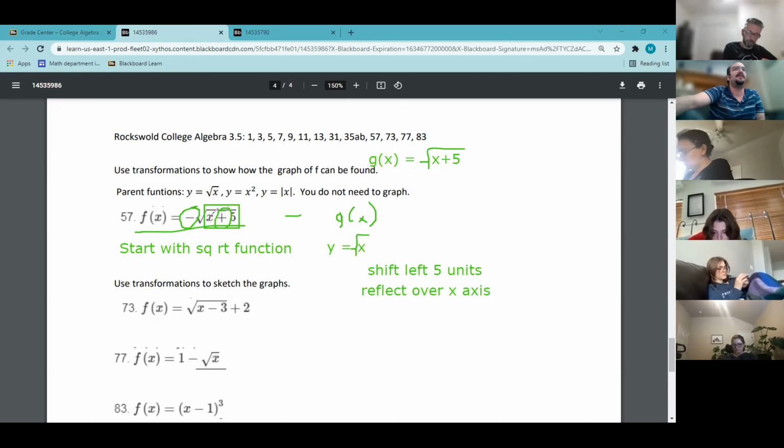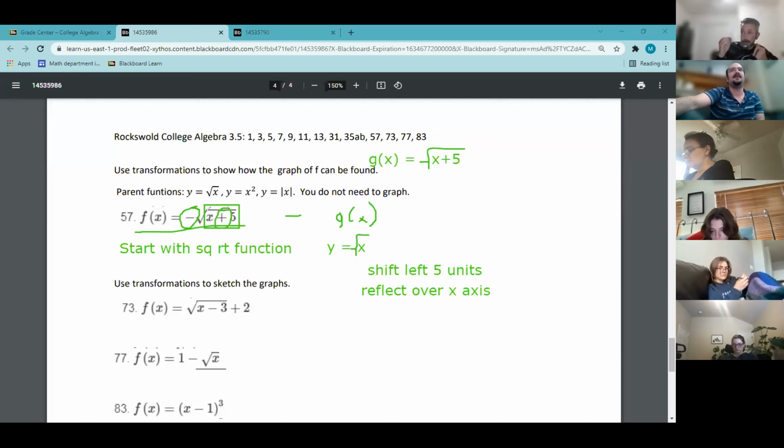If I think about when I plug in numbers to this x, first thing you're going to do is add that 5. The last thing you're going to do, after you do the square root, is tack on that negative. So since it's after we're doing the square root, this should be happening to my y values. It's outside the square root, outside the function.